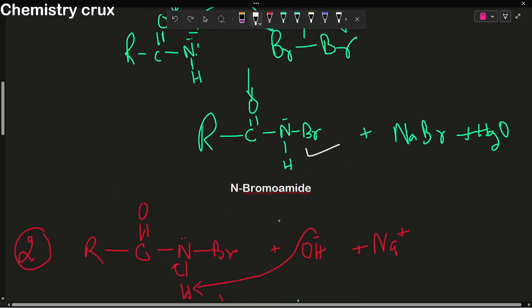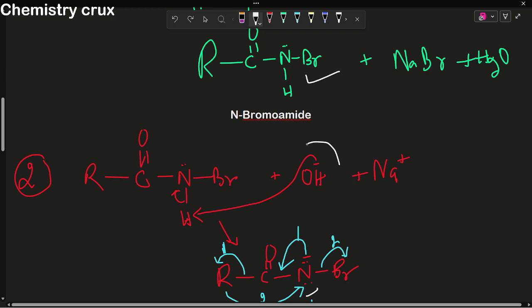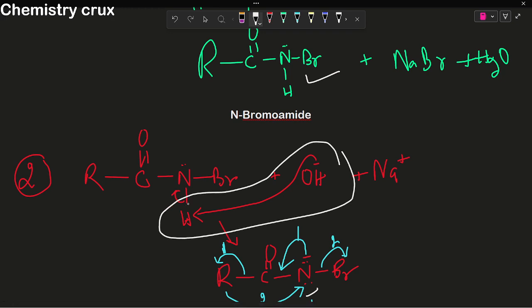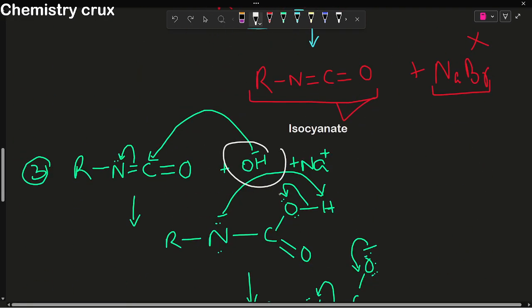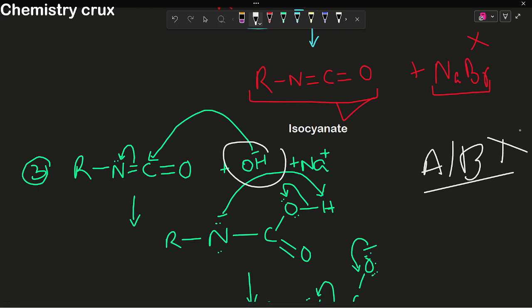In the second step as well, you can see this is again an acid base reaction. Why? Because again OH is extracting H positive. In the third step, you should be knowing it is not an acid base reaction. The first two steps are acid base reactions, but this one is not, right? This should be taken into consideration fully.